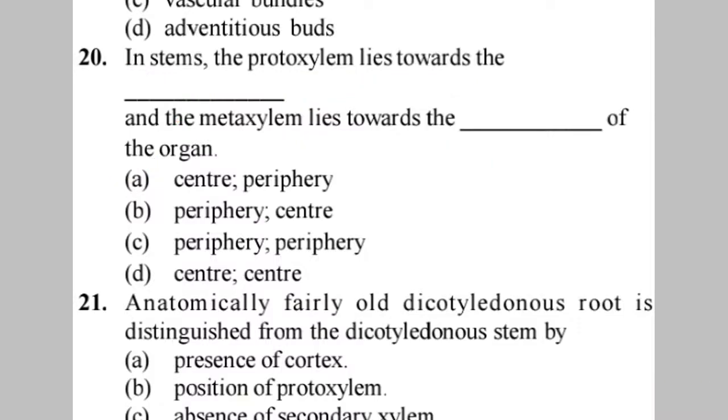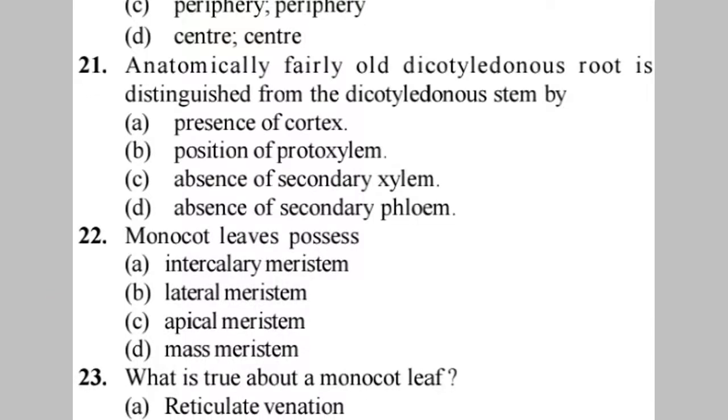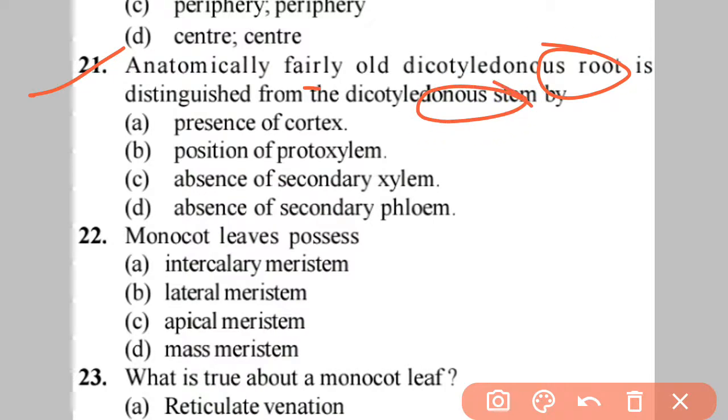Let's move on, next question. Question number 21 is, anatomically fairly old dicotyledonous roots are distinguished from the dicotyledonous stems by. So here we have to differentiate between dicot root and dicot stem feature. So which one? 4 options are given. First is presence of cortex.